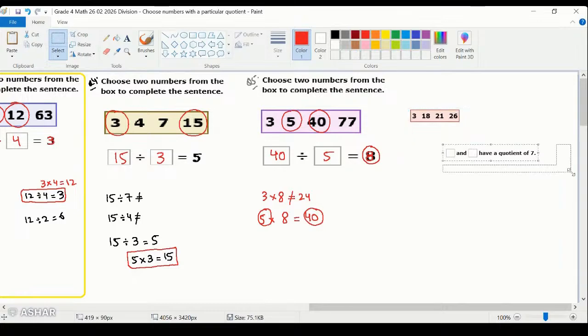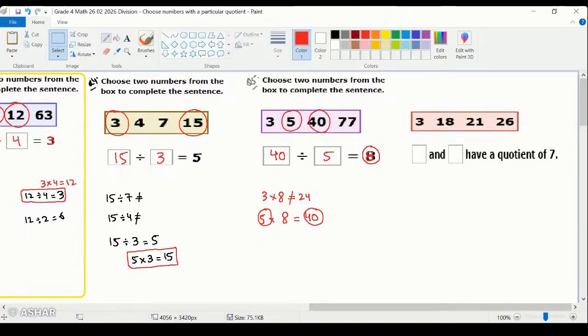See, these two questions have a different statement, right? But they're exactly the same questions, right? I can write question number 6 as: choose the numbers from this, complete the sentence. I can write this, or I can write this.